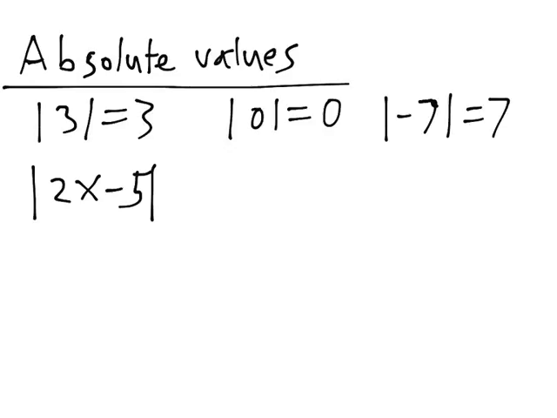In fact, the absolute value sign works sort of like parentheses do. We can write this as 2x minus 5 in parentheses and have the absolute value taken of that, and it'll mean the same thing. This means in order of operations, the absolute value is taken at the same time an expression is evaluated inside of parentheses.